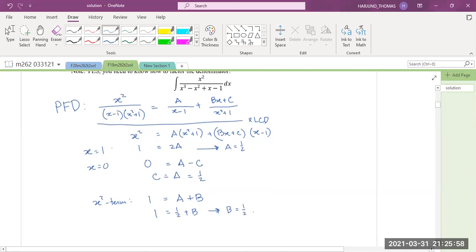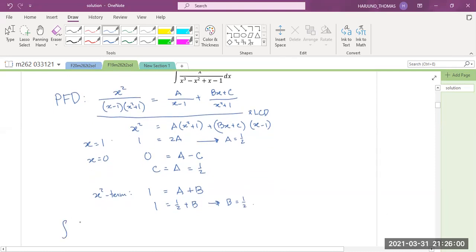Yeah, right. So the integral of x squared over x minus 1 times x squared plus 1 dx is equal to the integral of 1. You know what? I'm so lazy. I just factor all 1/2 out all the way.